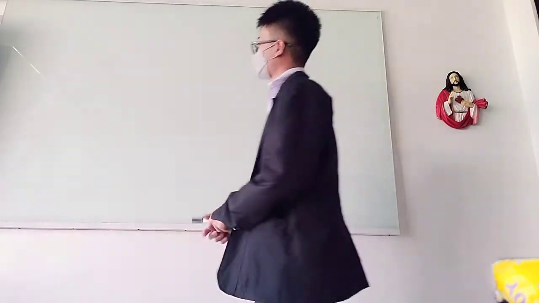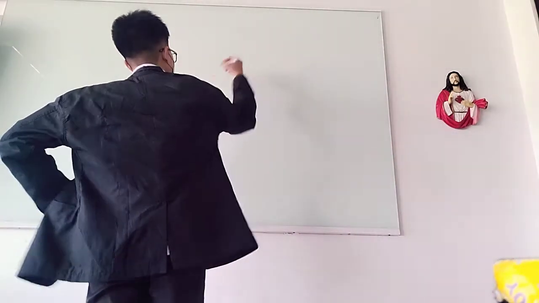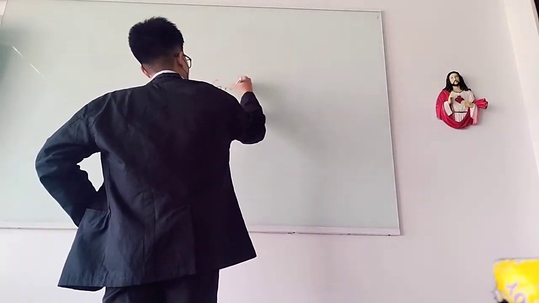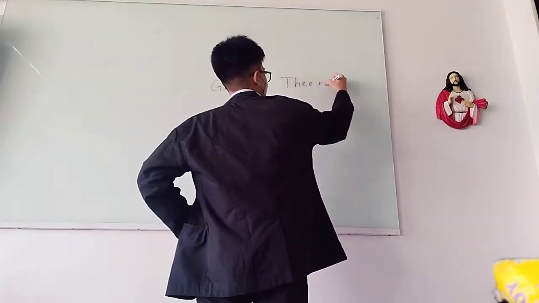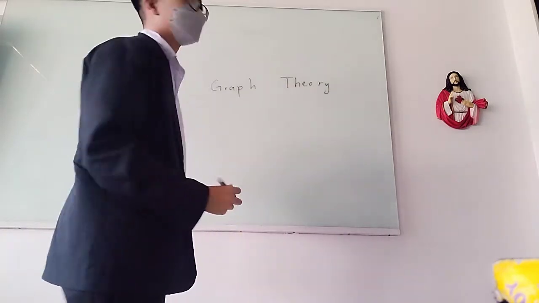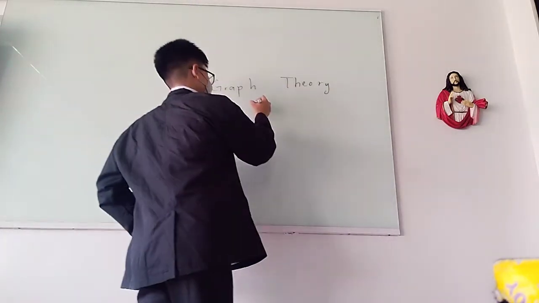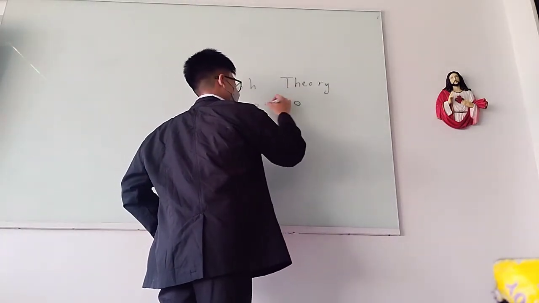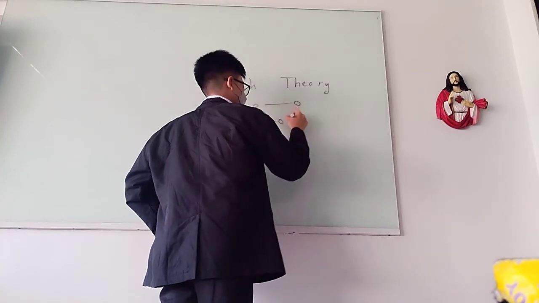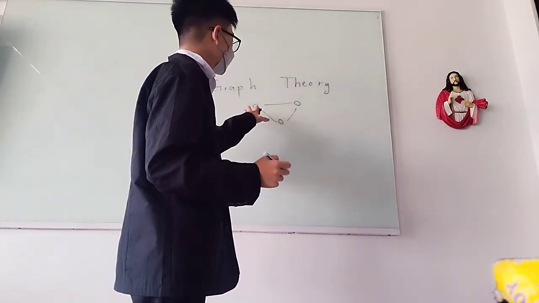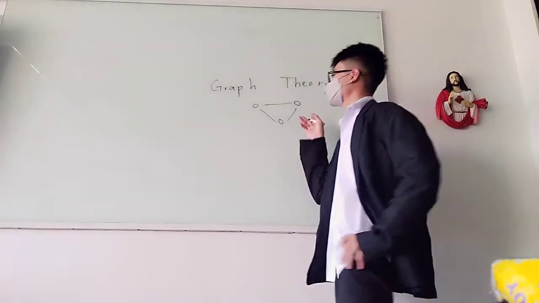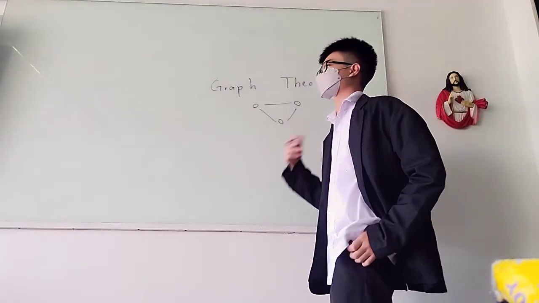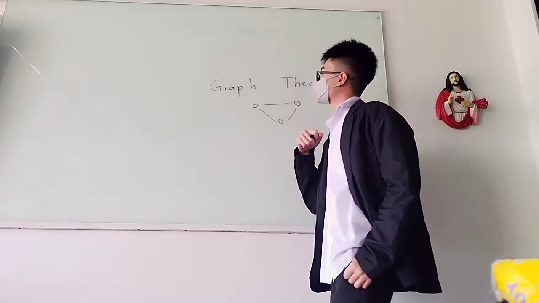So of course, as I said, we're going to be using graph theory, which is the study of a special type of mathematical structure called the graph, which is a set of vertices and a set of edges. This over here is an example of an undirected pseudograph, and we'll be discussing how this applies.